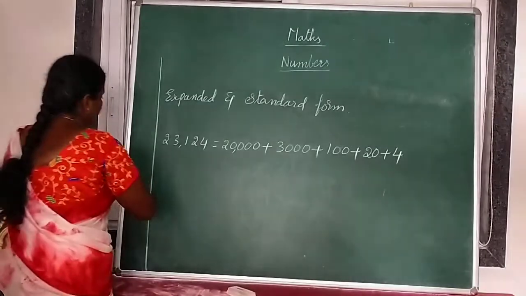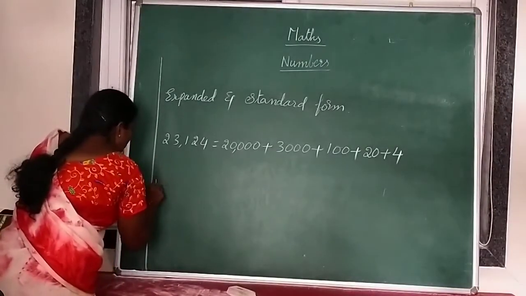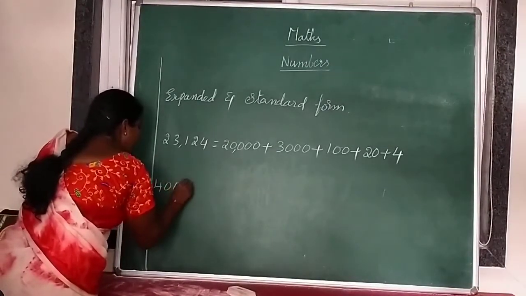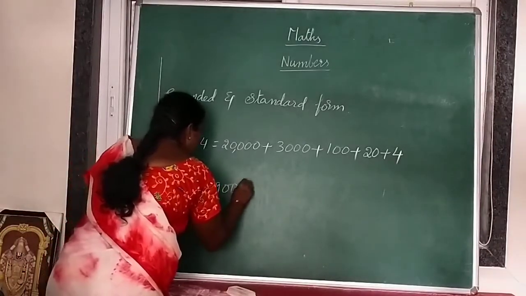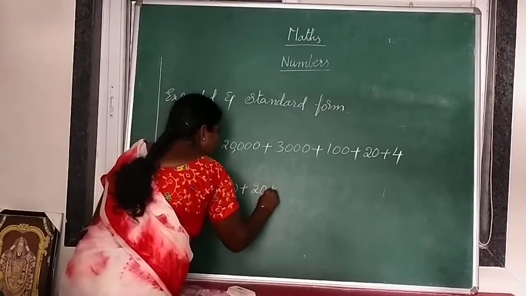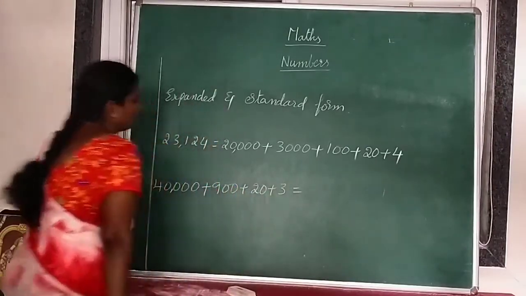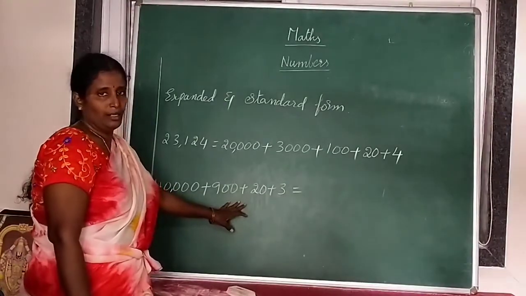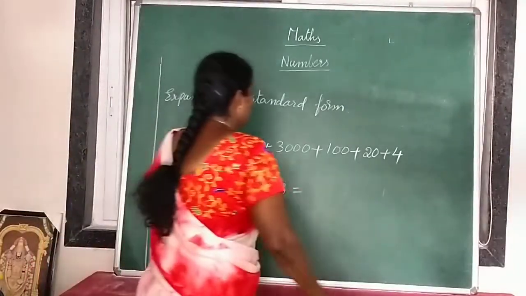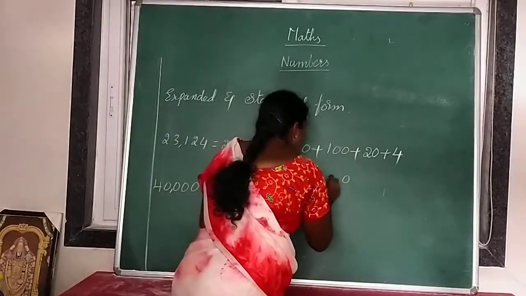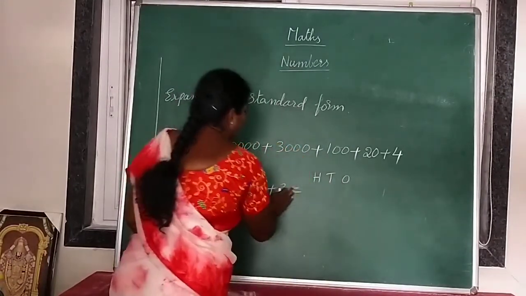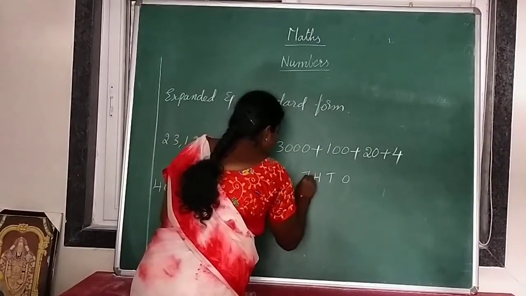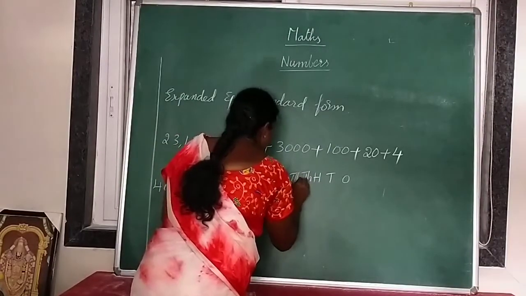Next, what is the standard form for this number? 40,000 plus 900 plus 20 plus 3. To write the standard form, we have to write the place values: ones place, tens place, hundreds place, thousands place and 10,000s place.